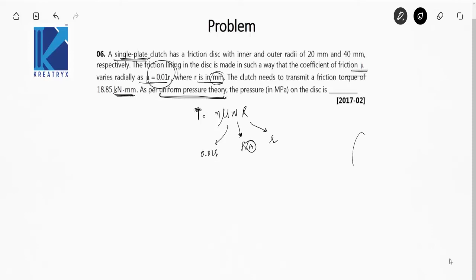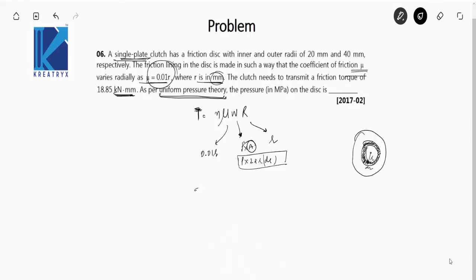At a distance r, I take this small ring dr, so the area exposed to this load will be varying along with r, and the area will be equal to 2 pi r dr. Therefore the load equals P into 2 pi r dr. On this dr, I assume that I can transmit a torque dT.